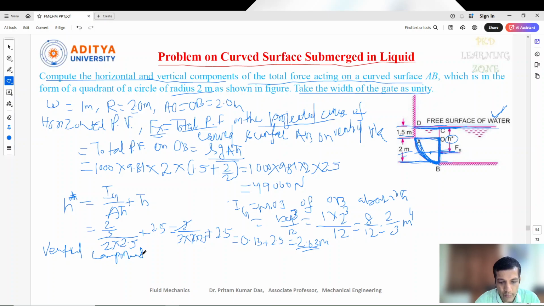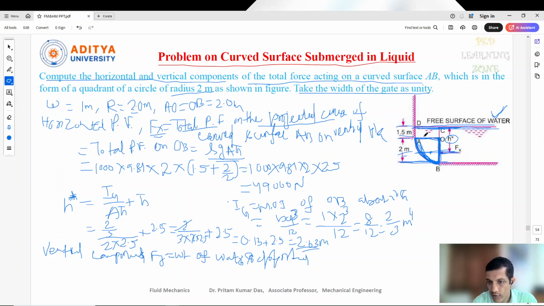The vertical components we can write: Fy equals the weight of water supported by AB.